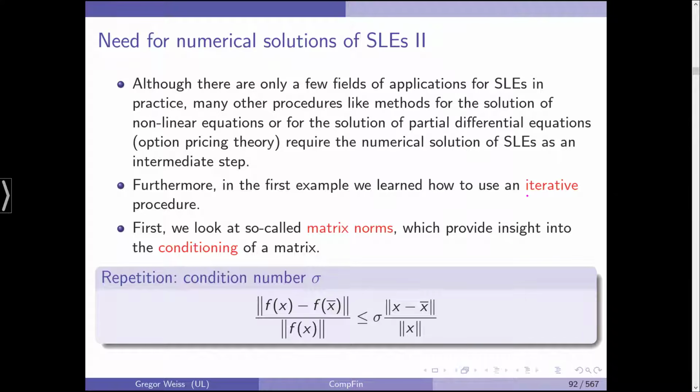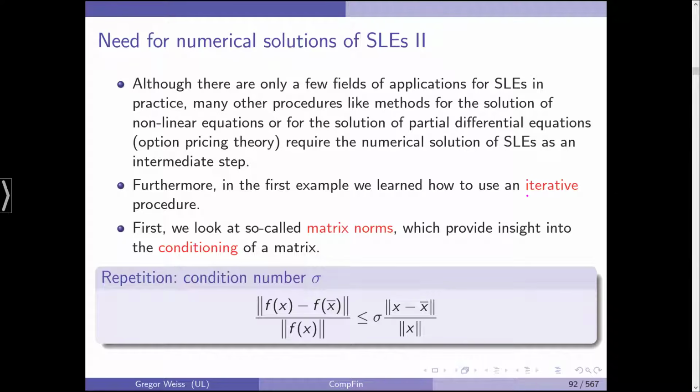We have already seen, in one of our first examples, an iterative method to do this. What is an iterative method? Well, the methods you've learned at high school usually solve for the solution of the system of linear equations directly.